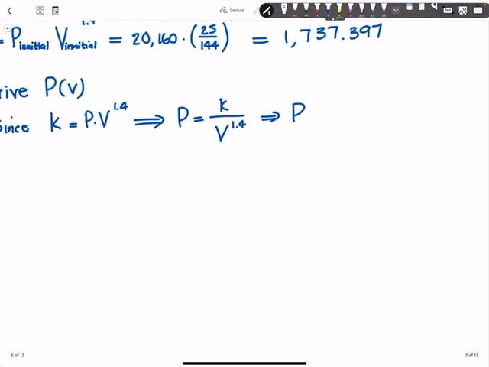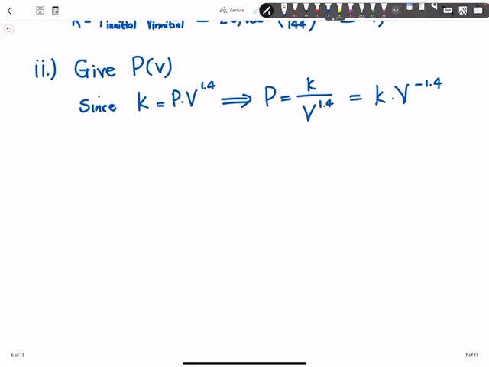Let's write it like this to make it really clear: K times V to the negative 1.4. So pressure as a function of volume is equal to 1,737.397 times V to the negative 1.4.